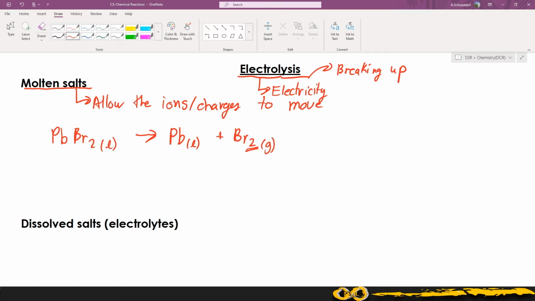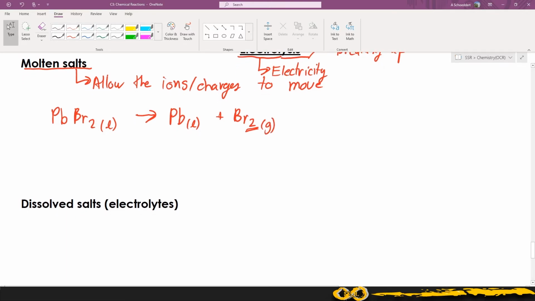You would need to be able to write this in terms of what is happening. So you need to once again look at the charges. Here, lead would have a charge of 2+, and then a charge of 0. We have Pb 2+, and it will have to react with 2 electrons in order to form Pb.